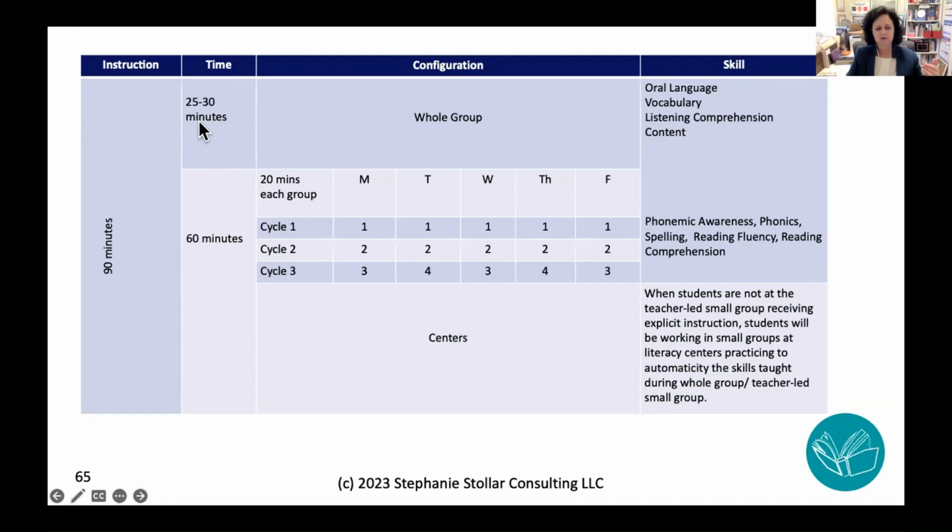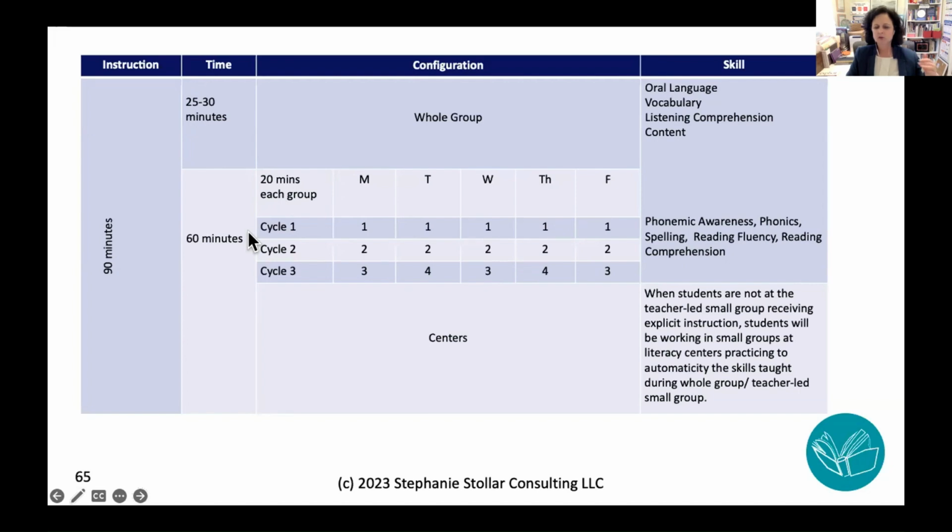And they made the decision based on data to spend somewhere between 20 and 30 minutes out of the 90 each day on those objectives or outcomes in whole group. They chose to spend 60 of their 90 minutes in small skill-based groups. And they did those groupings not just within the classroom, but across the grade level, and more on that in a minute.